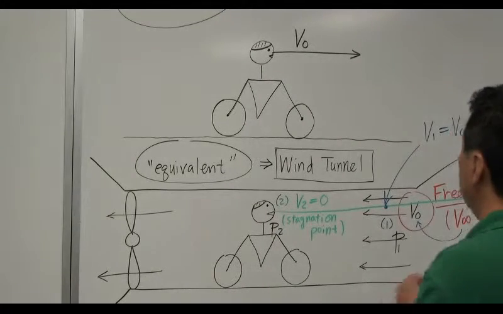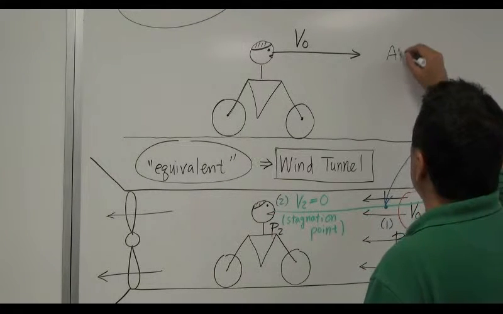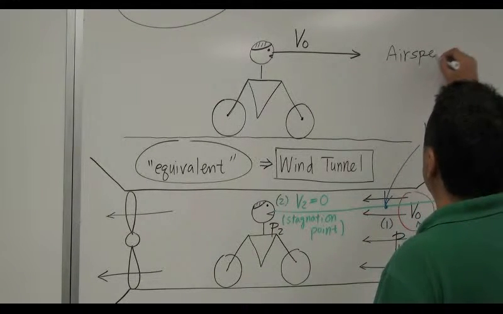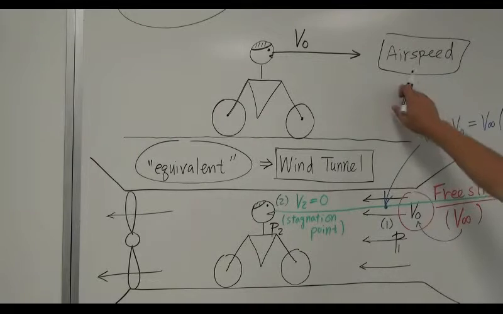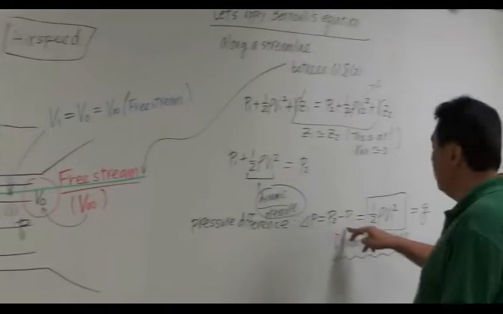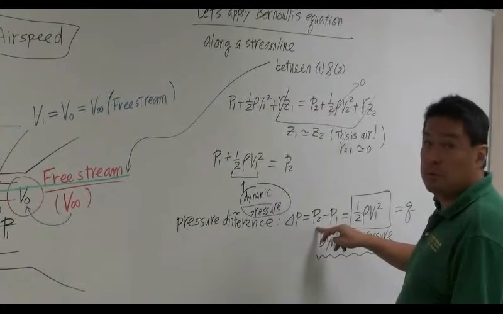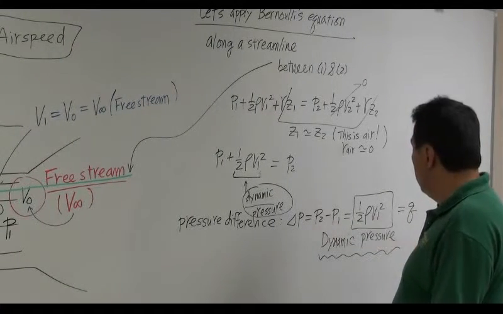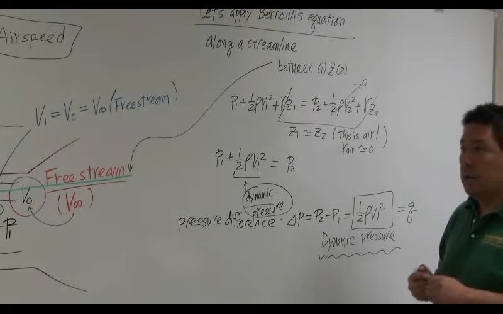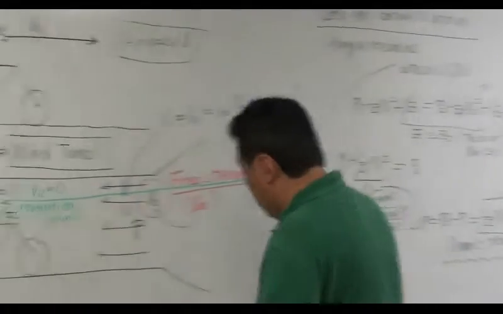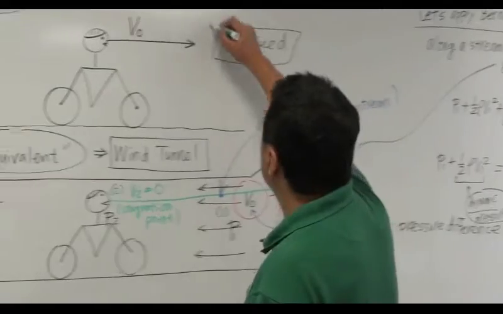This is called airspeed if it's an airplane. If it's a bike, it's the bike speed. But anyway, the speed you are moving can be determined by measuring the pressure difference between the free stream and stagnation point, and knowing the density of air itself.